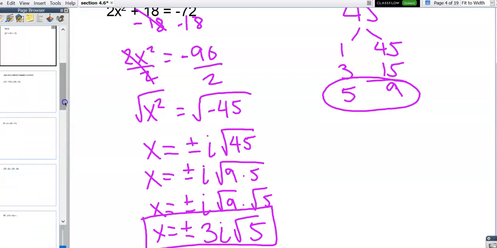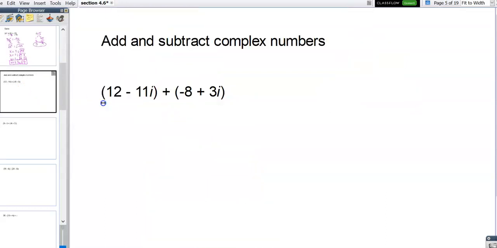All right, so part of our essential question is performing operations with imaginary or complex numbers. So I think it helps to go in and look for what is a rational number, something that I've seen before. Okay, 12, seen that before. Negative 8, that one makes sense. Just like when we talk about combining like terms, we're going to do that same thing here.